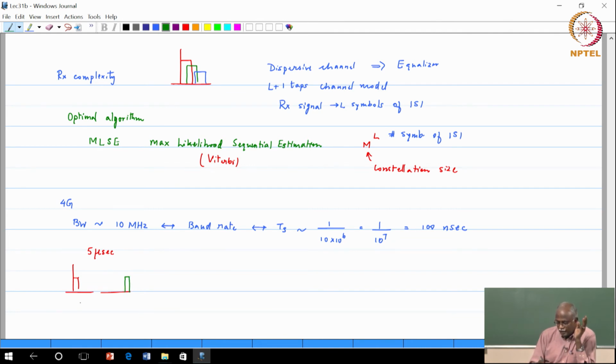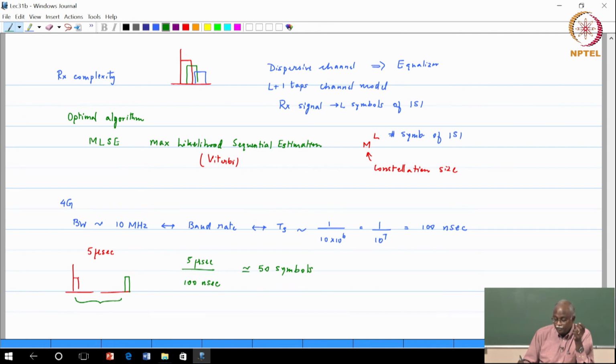Now, in this period of time, how many symbols have gone by? I will have to take the delay spread of 5 microseconds divided by the symbol duration of 100 nanoseconds. So, approximately 50 symbols have gone by.